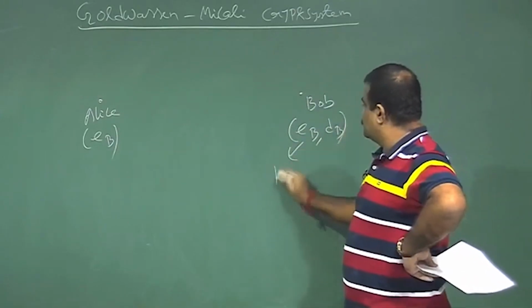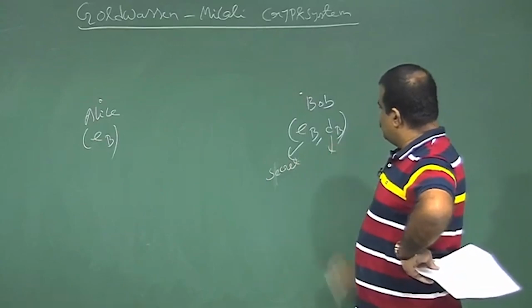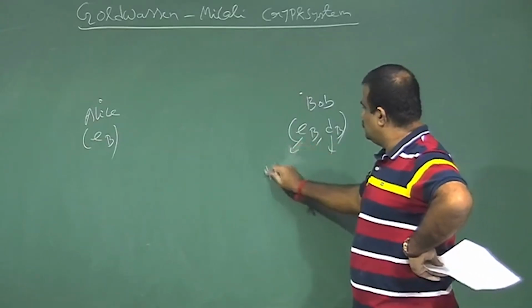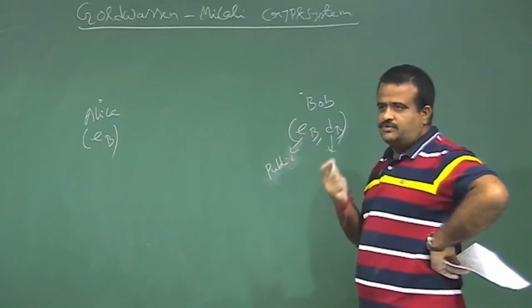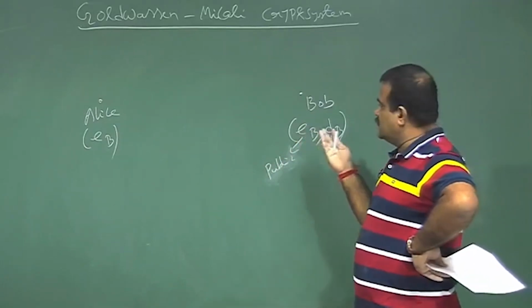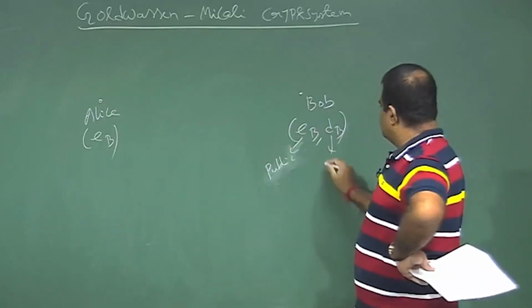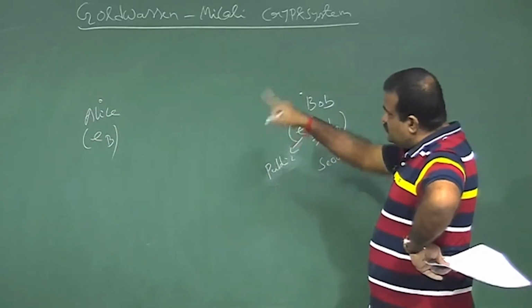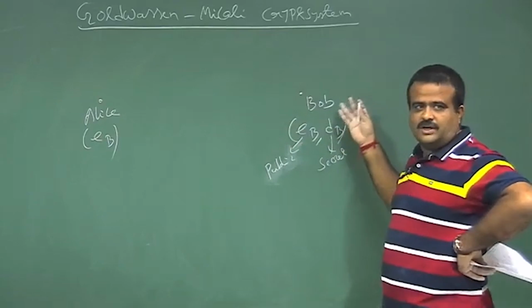This is Bob's secret key or private key, and this is Bob's public key, which needs to be sent to Alice in order for Alice to encrypt the message and send it to Bob. Bob is the receiver, so Bob has to run this setup phase or the key generation phase.